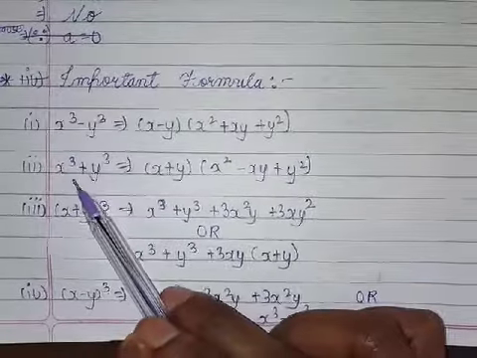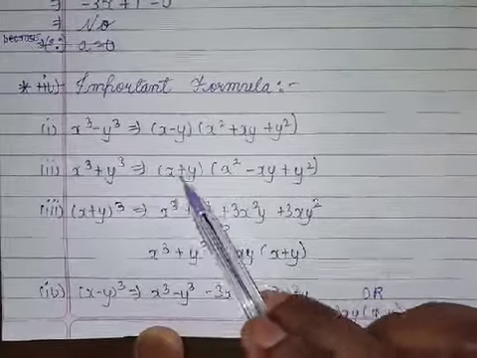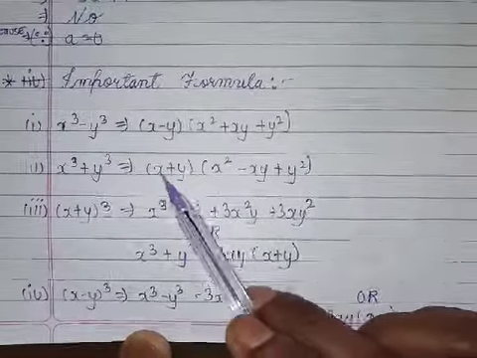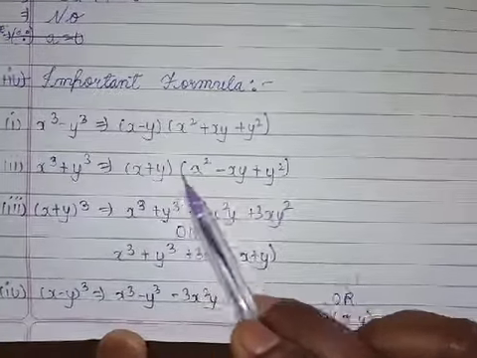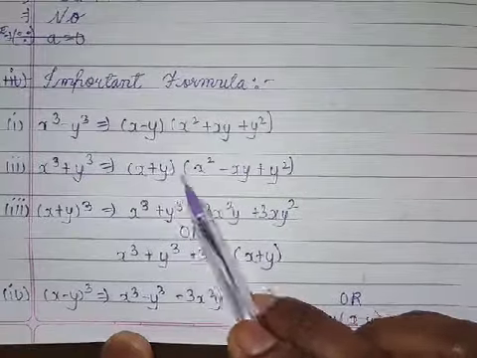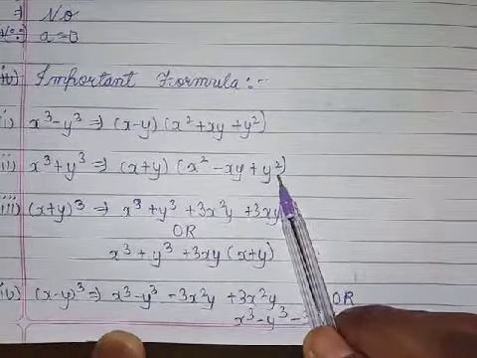The next formula, x cube plus y cube, is x plus y, same bracket, then square of the first term, opposite sign, product of first and second term, plus second term square.